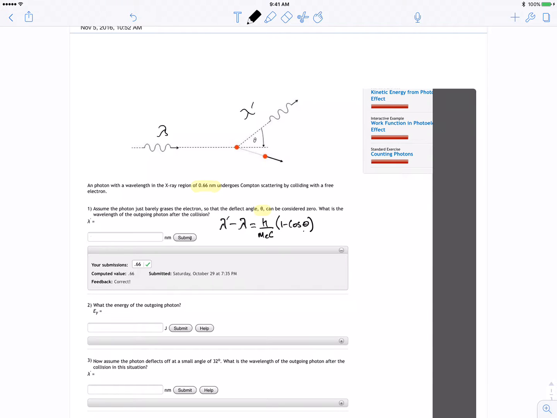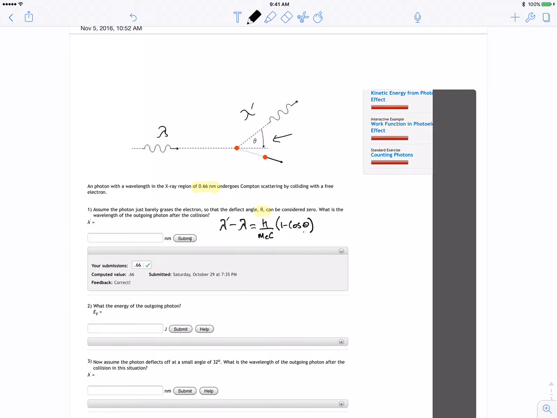This theta is this angle here. To make it easier, h divided by m_e c is always equal to 2.4 e to the negative 3 nanometers.